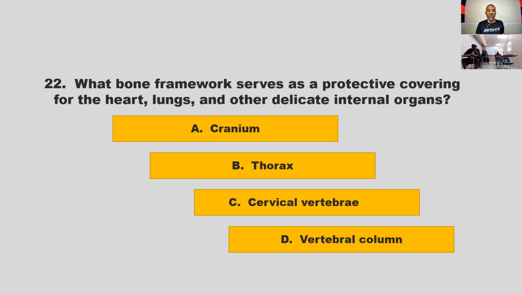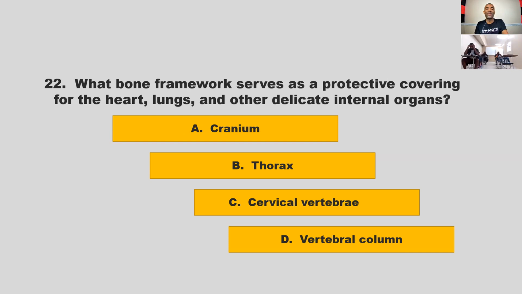What bone framework serves as a protective covering for the heart, lungs, and other delicate internal organs? Is it the cranium, thorax, cervical vertebrae, or vertebral column? Wait a minute, what are we doing?